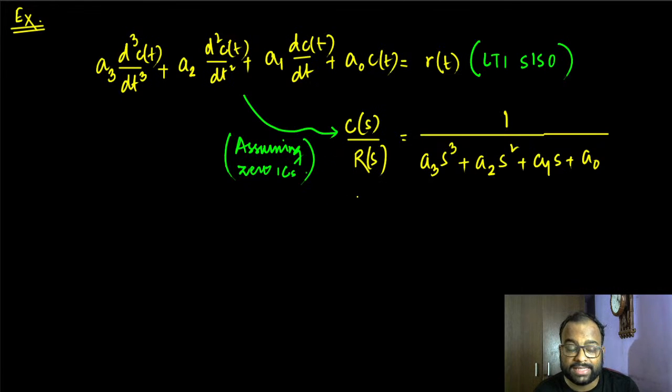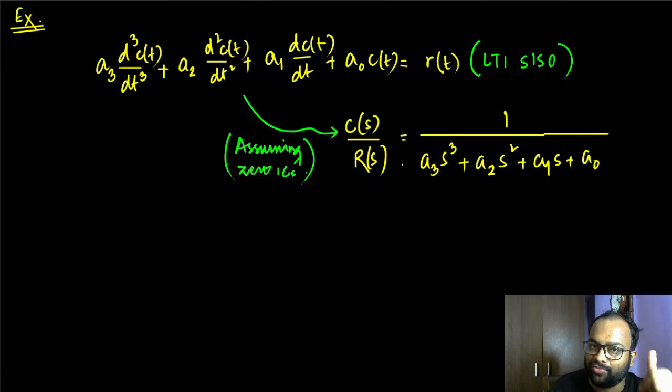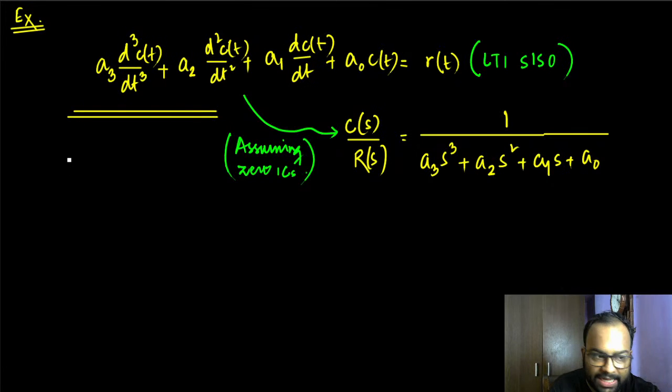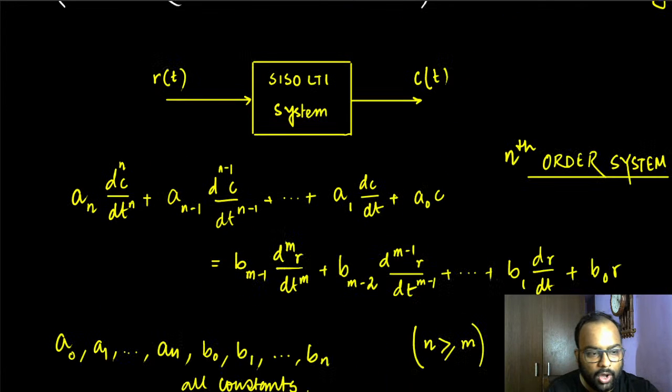Now, before we proceed and do anything with this, the goal of the state space approach or state space modeling technique is to convert this third order differential equation into a first order differential equation. Let me repeat. The goal of the state space modeling technique is to convert this differential equation, which is currently third order, or in general an nth order differential equation, into one first order differential equation.